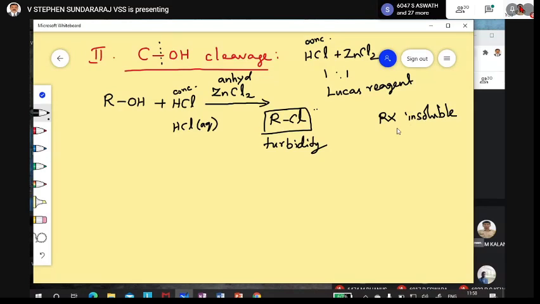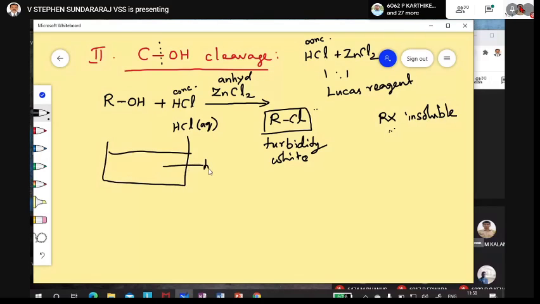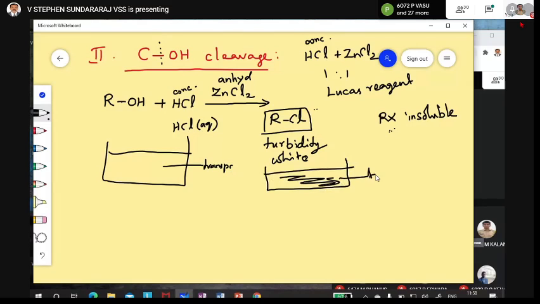They precipitate, so white-colored turbidity will appear. Because here alcohol and water are very soluble, the beaker will have transparent, water-like liquid. But once the reaction is completed, a white-colored turbidity will appear.